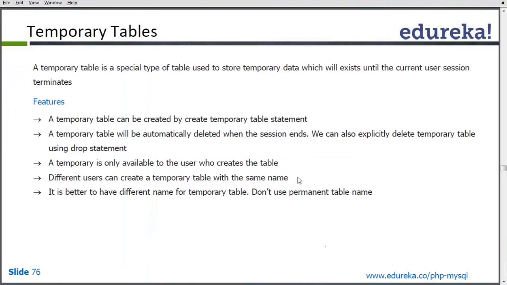So now what are the basic uses of a temporary table? For example, you are going to display a list of some records from the database, and that list is going over a loop, and in each loop you are joining your tables and fetching the data, then in the next loop you are again joining the tables and fetching the data.